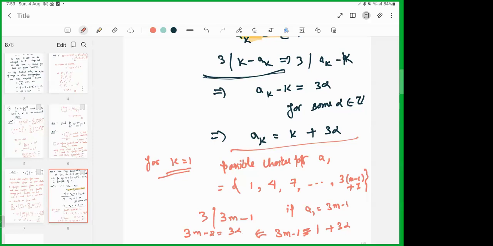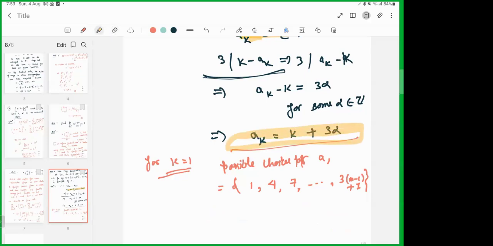So what should I do? These are the only possible numbers, so it would be 3m minus 2. Yes, that is what I write. Similarly for k equals 4 and for k.